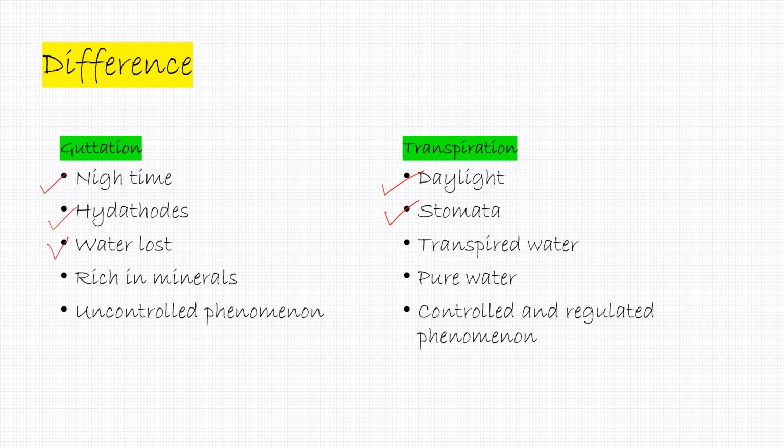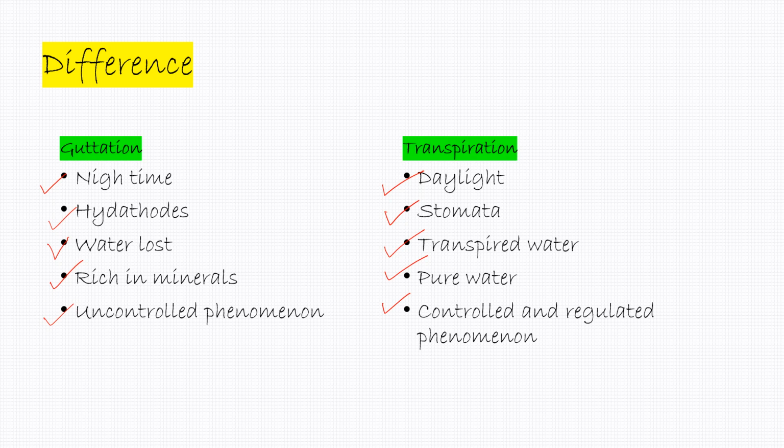Transpiration is the process in which water is vaporized. In guttation, the water is rich in minerals. In transpiration, water is pure. Guttation is an uncontrolled phenomenon. Transpiration is a controlled and regulated phenomenon.